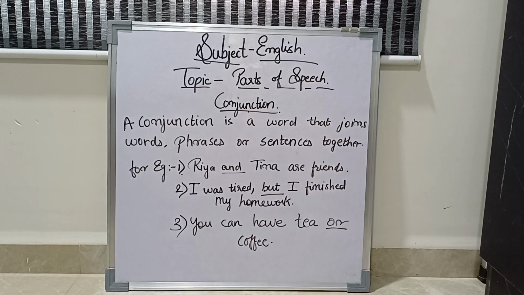I was tired, but I finished my homework. So here there are two sentences, right? I was tired. If I remove but from here, like I was tired, I finished my homework, does it sound good? क्या आपको वो अच्छा लग रहा है सुन के कि एक सेंटेंस ऐसा है, एक सेंटेंस दोनों अधूरे लग रहे हैं? तो अधूरे लोगों को जोड़ना या अधूरे सेंटेंसेस को जोड़ना, वर्ड्स और फ्रेजेस को जोड़ना ही कंजंक्शन है. घर की बहू, प्लीज समझो.